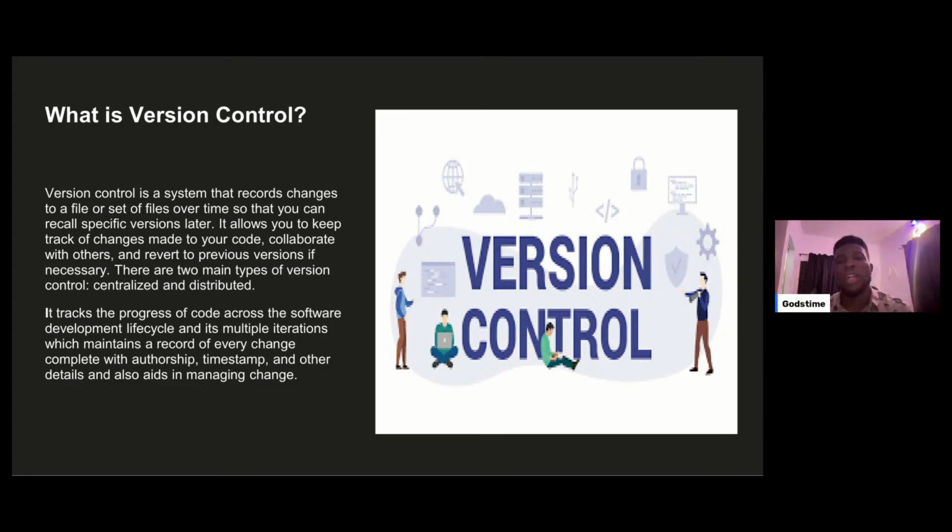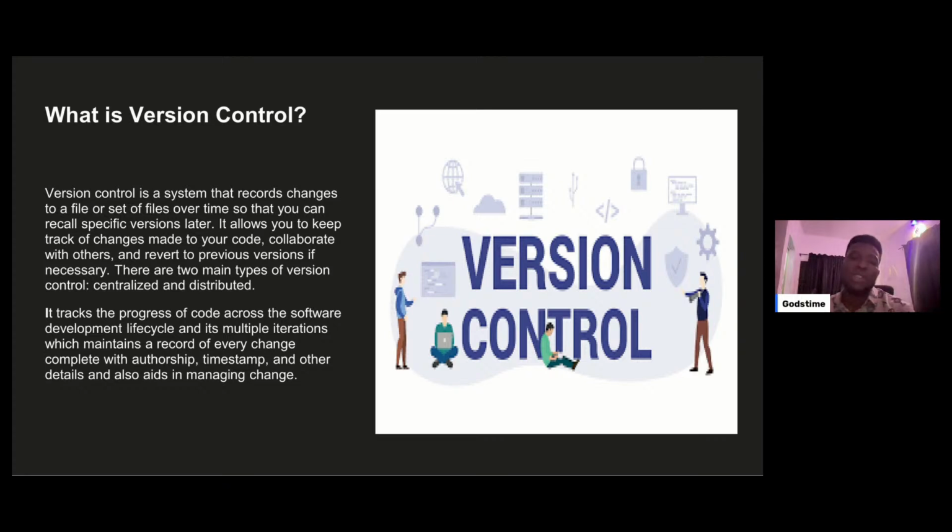And when you have issues, for example, you just fixed a bug and made a push, and you find out that the fix created harder issues, you can revert back to your previous version, and it will do that seamlessly.